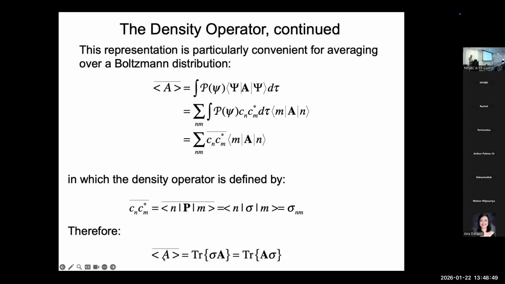And now my ensemble average expectation value, what I'm actually going to measure on the spectrometer, is the trace of the density operator times my operator of interest, whatever my measurable is going to be. And the trace is independent of the order of the multiplication, so I can think of it either way. So if you like, I could think of my theory starting here.